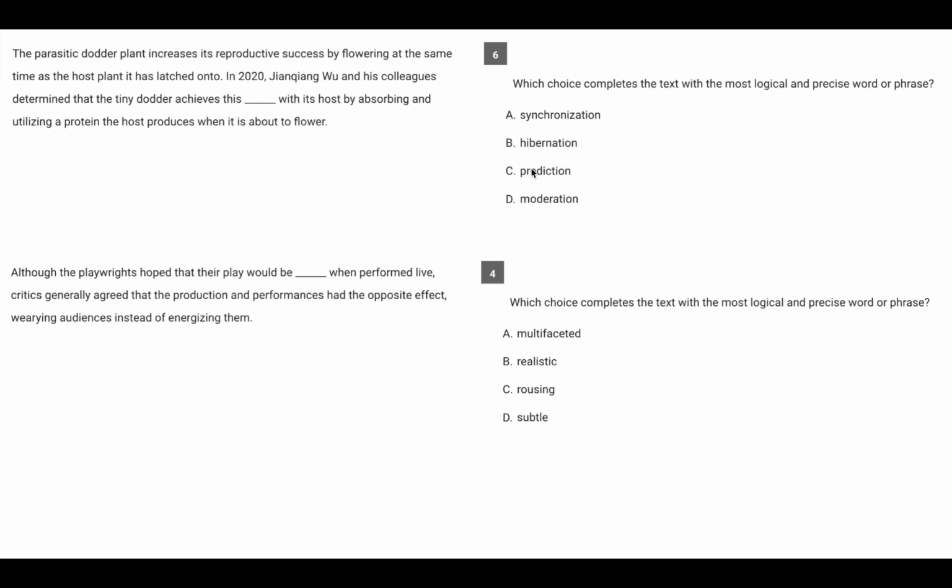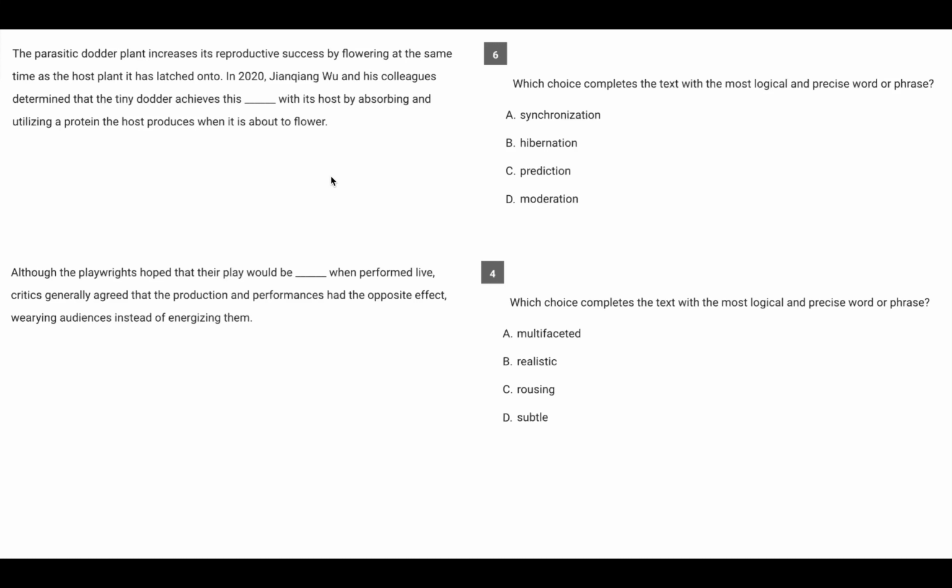In the first sentence, did you see something about prediction? No. Anything about hibernation? No. Anything about moderation? No. Anything about synchronization? Yes, you did. At the same time means synchronization. So, this is our signal. The word this was our signal that the correct answer is 100% something that was said in the first sentence.